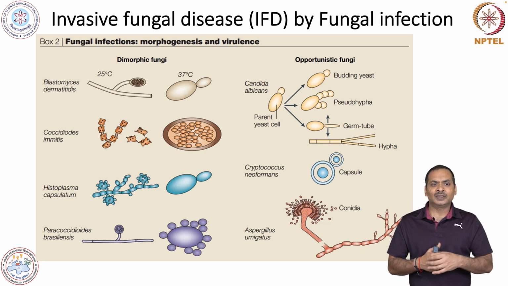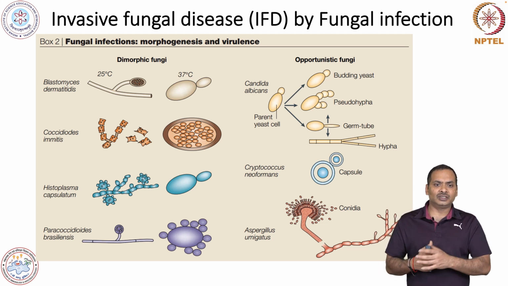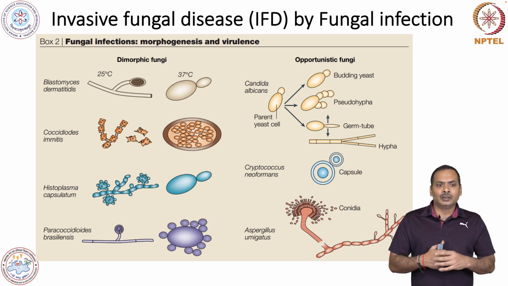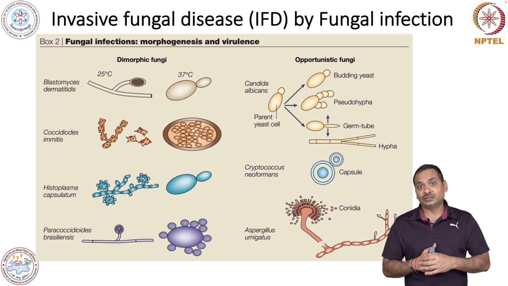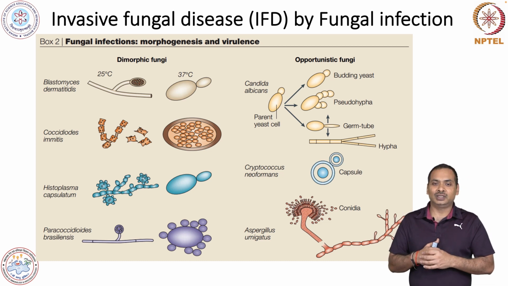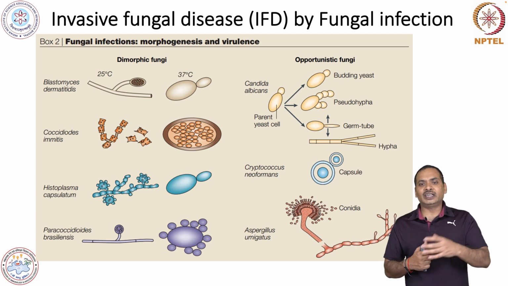Histoplasma also has different kinds of morphology. Paracoccidioides also has a different kind of structure, and it is possible that one structure is much more virulent. There are opportunistic fungi like Candida albicans.